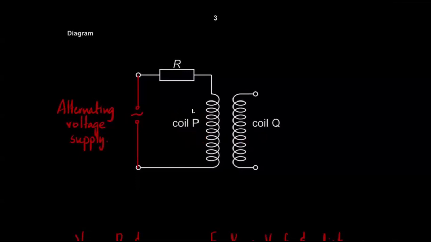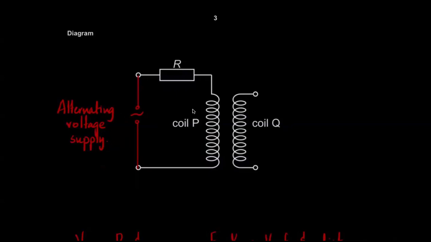A lot of the time there are marks just for labeling all of this very clearly. So I've labeled R again, P again, Q again, and anything new that I add will also be labeled. So this is my alternating voltage supply, which is going to cause that EMF, that changing magnetic flux.